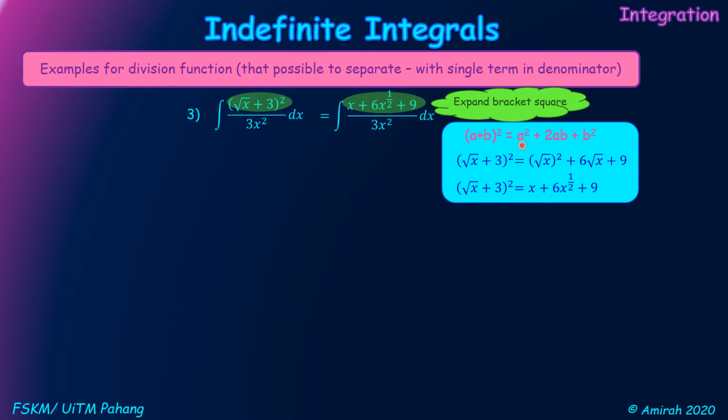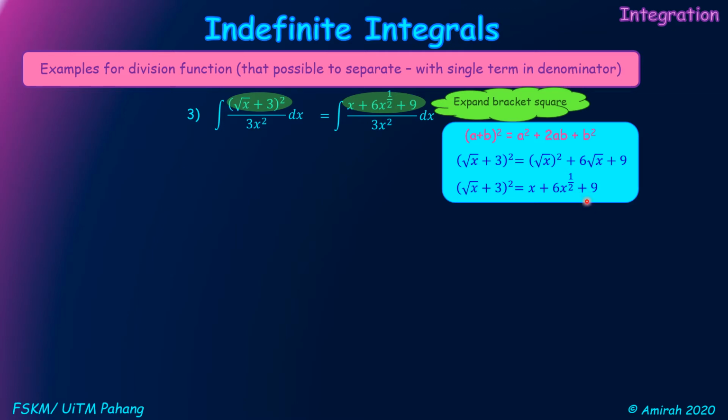So from this formula, we have a², which means (√x)², plus 2ab, which is 2 times √x times 3, equals 6√x, and then plus b², which means 3², so plus 9. We can simplify (√x)², so we have x here. And then we can write √x equals x to the power of half to integrate.